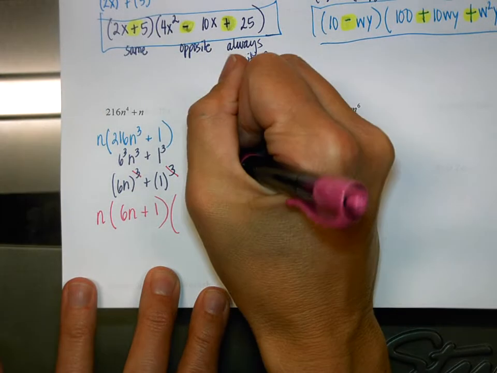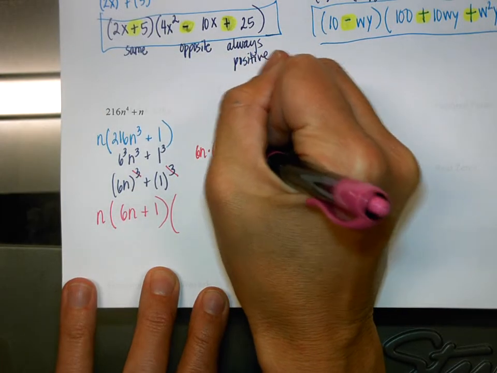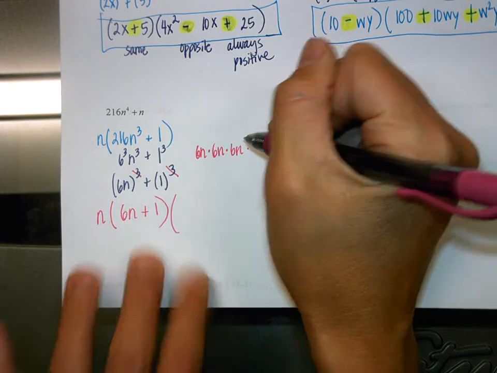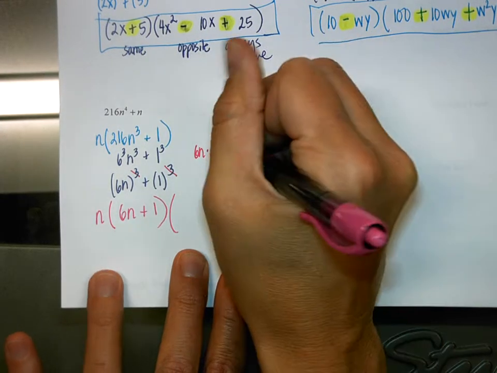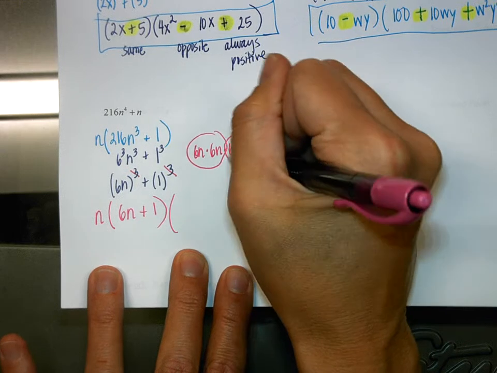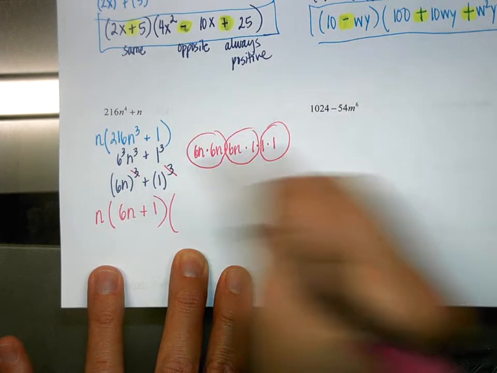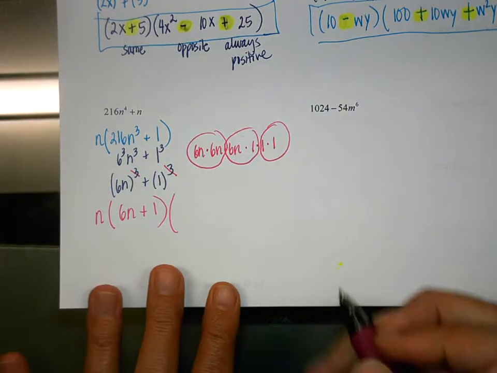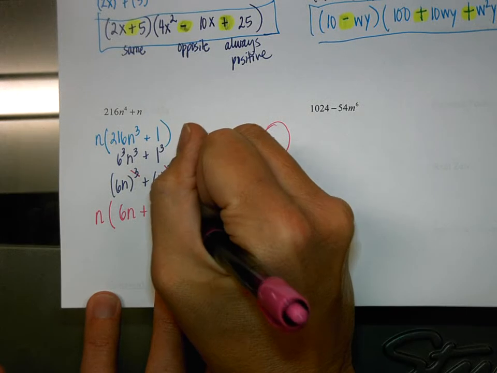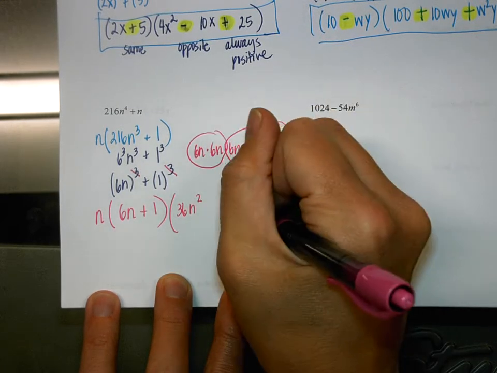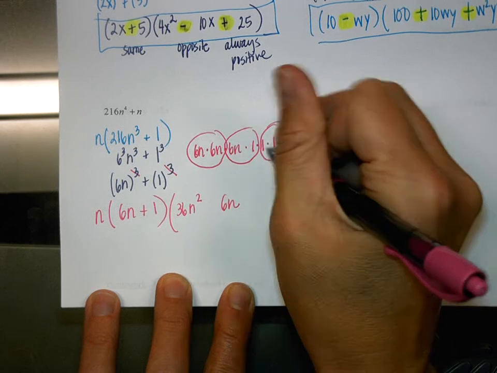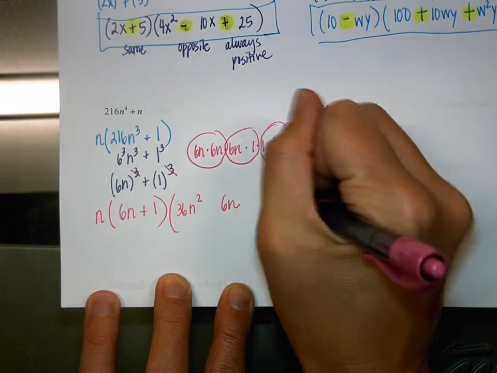So we have 6n times 6n times 6n, and then the 1 three times, 1 times 1 times 1. We group them in pairs, and that gives us each of these terms. So 6n times 6n is 36n squared. 6n times 1 is 6n, and then 1 times 1 is 1.